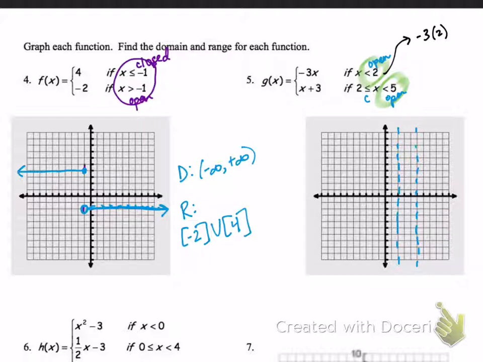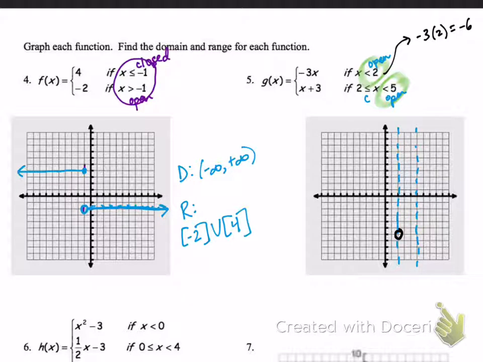So I want to know, where do I put that open circle? At that domain restriction, at that vertical line. So -3 times 2 gives me -6. So I have an open circle at 2, -6. So I'm going to put an open circle there.